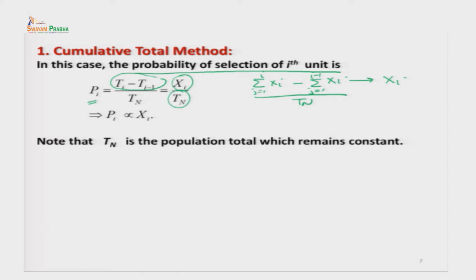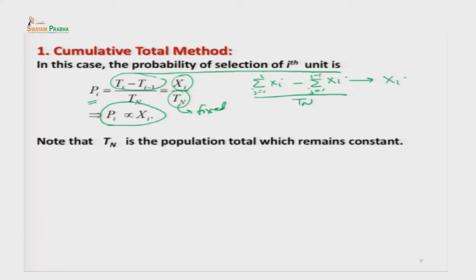And what about this Tn? Tn is the sum of all the xi's, so that is going to be fixed. So obviously this Pi is proportional to capital Xi. You can see here that the way you have drawn the random numbers using this cumulative total method, the probabilities of selection of these units are proportional to the size xi.